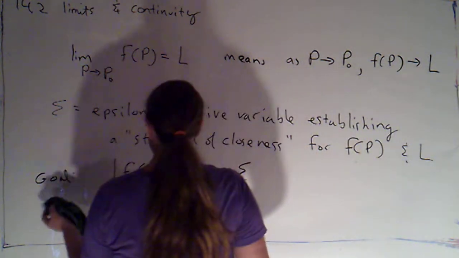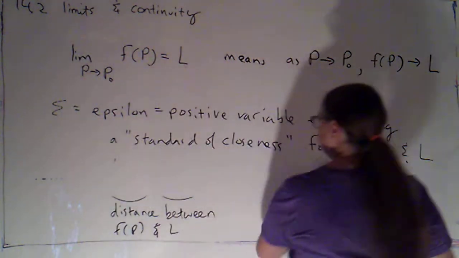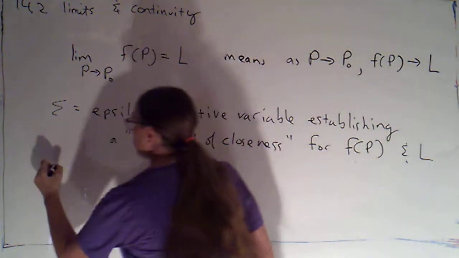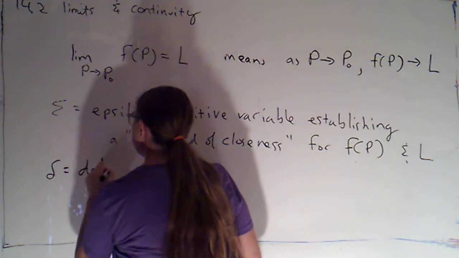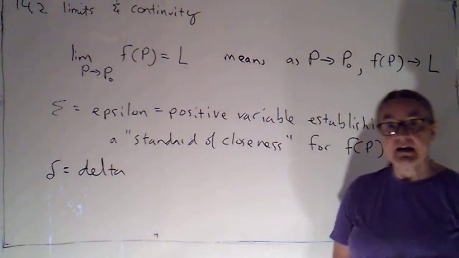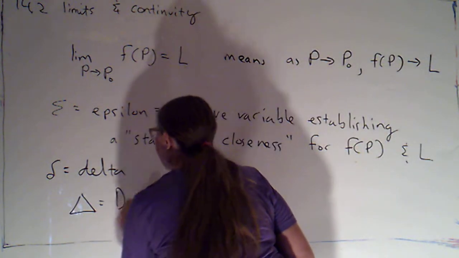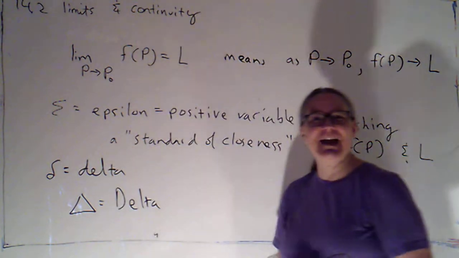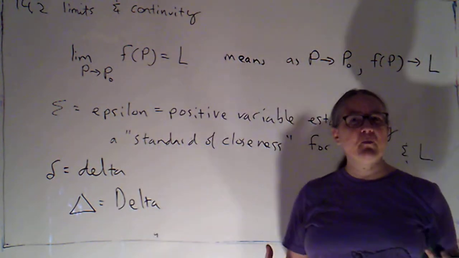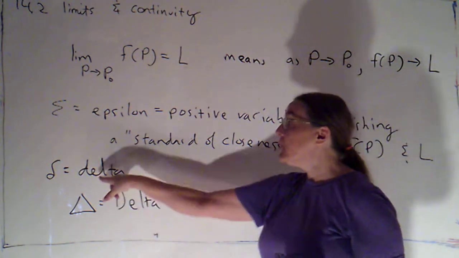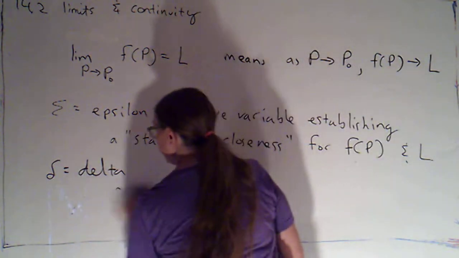Okay, and then our delta, that's a Greek letter delta. Now, the triangle symbol is like a capital delta. So you've seen that before when you look at the slope of a line and you call it delta y over delta x. That's the capital letter. We're using the lowercase letter here. Okay.